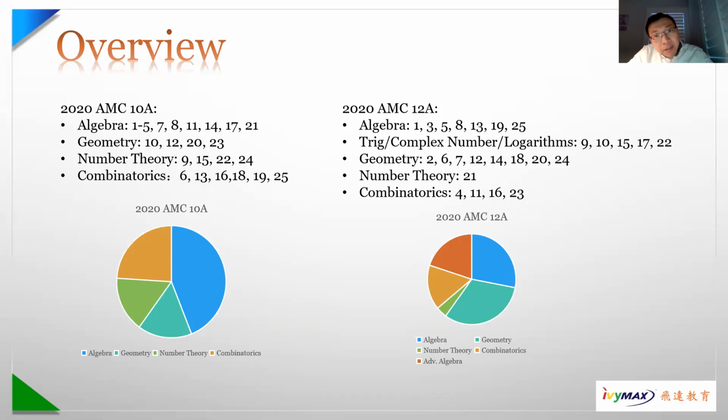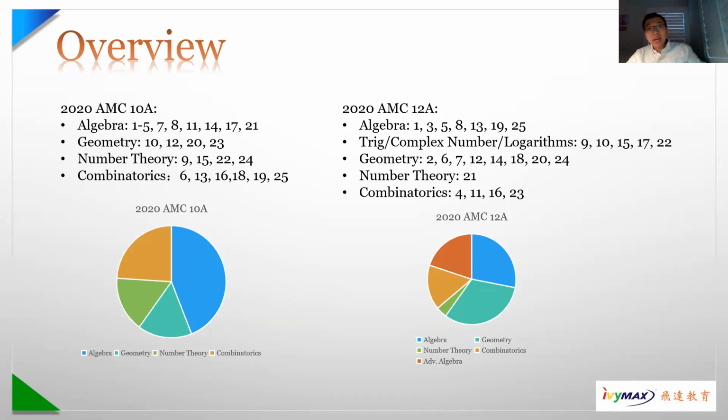Comparing to that, for the 12A, they have 7 algebra questions and 8 geometry questions, which is almost double the amount of the 10A this year. They also have 4 combinatorics problems and only 1 number theory problem this year.